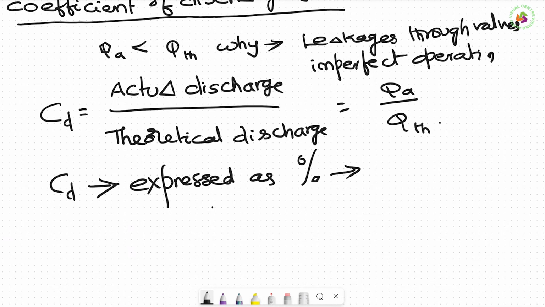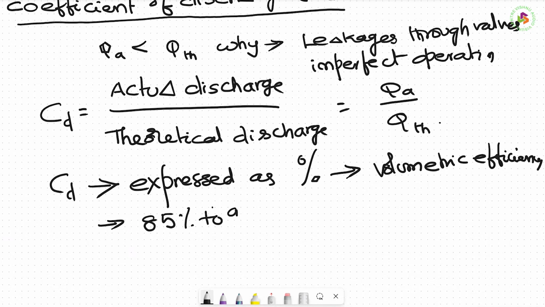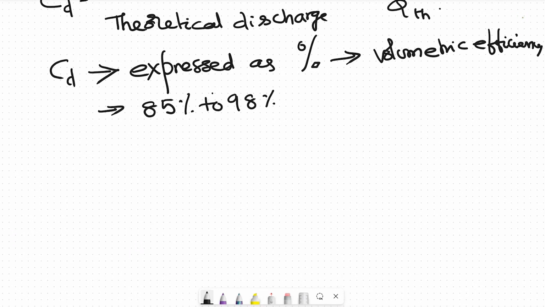It actually talks about the volumetric efficiency, and it varies between 85% to 98%. That means the CD value is 0.85 to 0.98, but it is less than 1. CD is always, please remember, less than 1. This is the first thing.